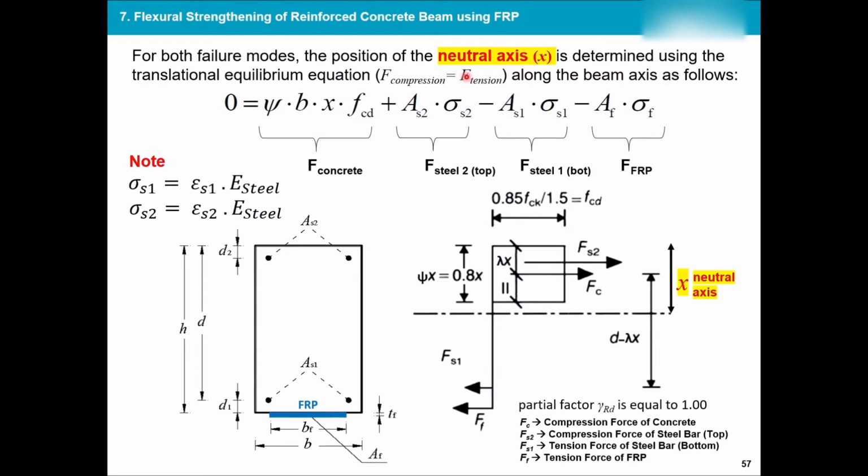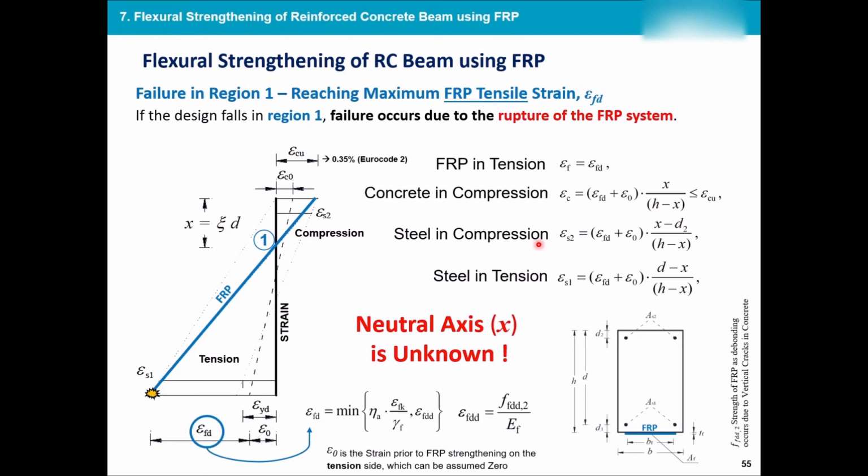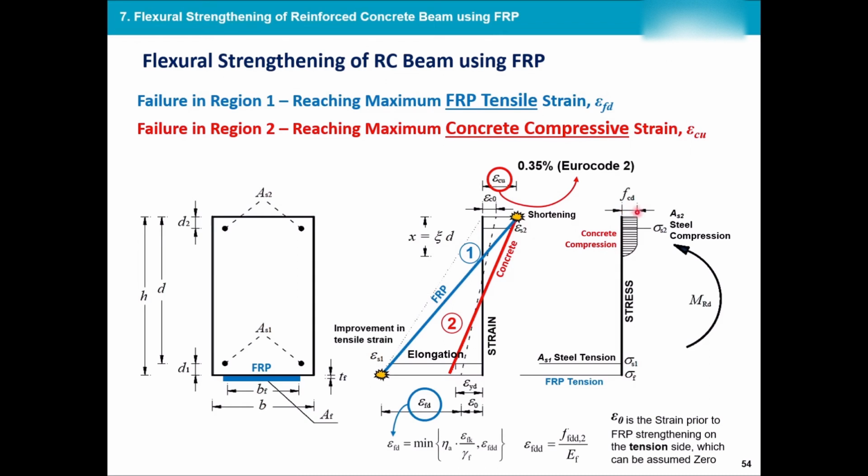Stress and force can be converted to each other, isn't it? So stress was force divided by area. So if I multiply all of my stresses by their area, I'll get their force. So the first one, which is related to concrete, the area that the force is applied to is exactly this area that we just saw in a couple of slides ago.